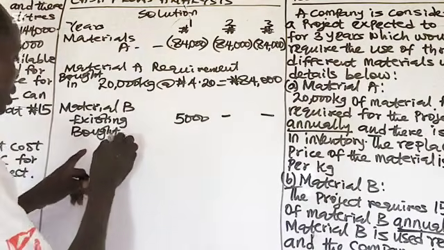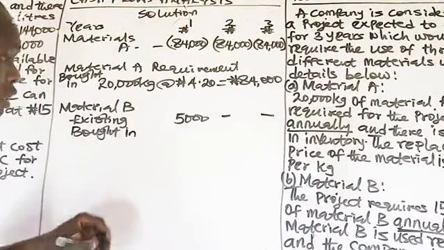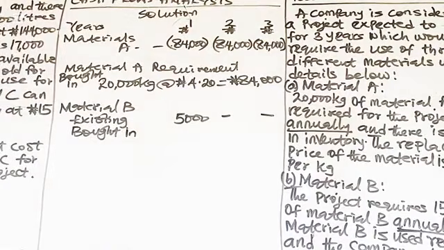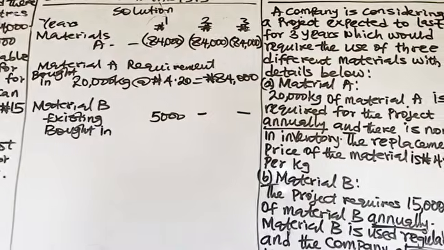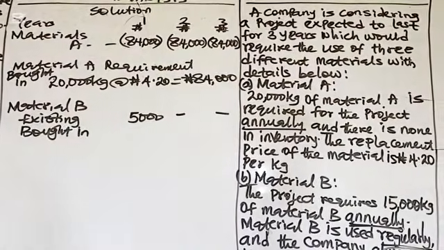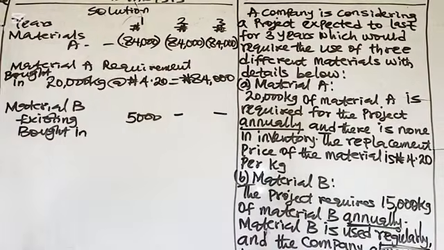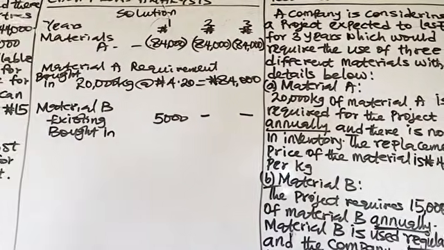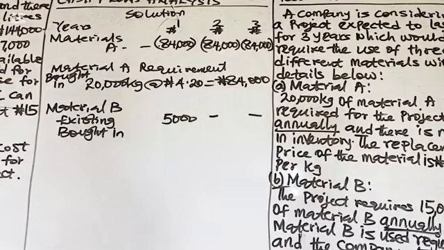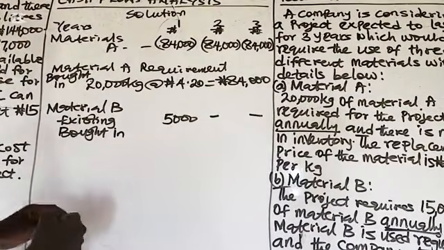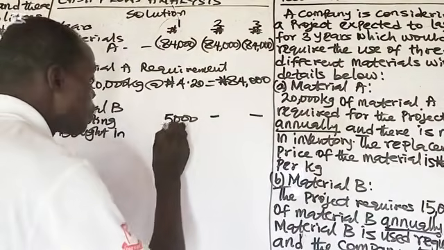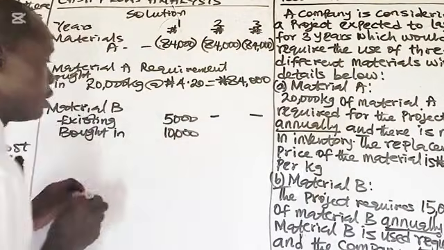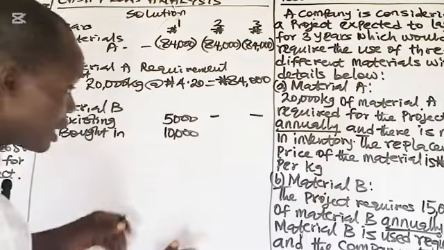The rest of the materials required will be bought. You have been told that 15,000 kg of material B are required. Since 15,000 kg are required, and in year 1 you already have 5,000 in stock, that means an additional 10,000 will be bought. You will buy another 10,000 to make it 15,000.